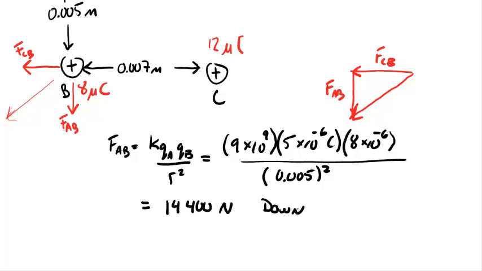So the force of A on B exerts a force of 14,400 newtons going downward.